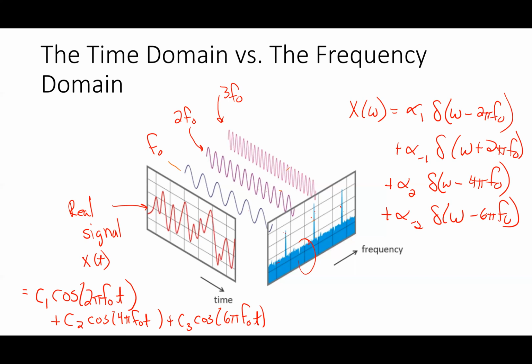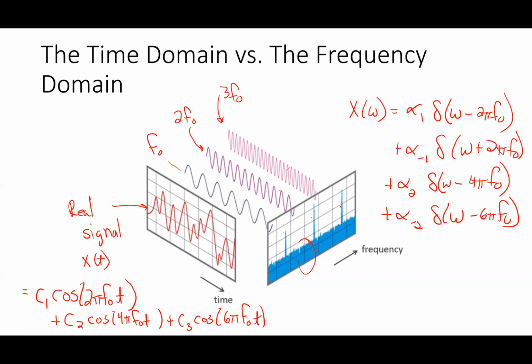This real signal x of t that exists in the real world only has information at certain frequencies. And the idea of frequency domain analysis is basically trying to tell me what information I have at those frequencies. What I kind of said is this is sort of like a compression, right? Because if you think about that real signal x of t, between 0 seconds and 1 second, there's infinite data stored in x of t, because t is a real variable.